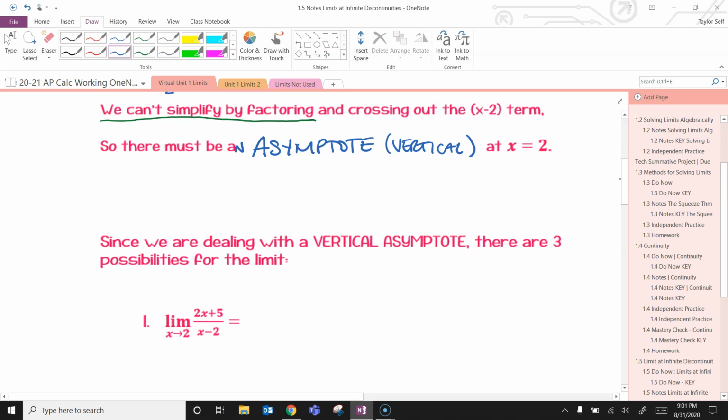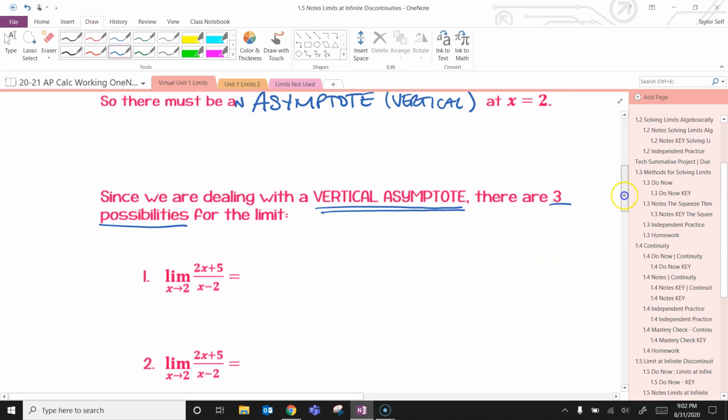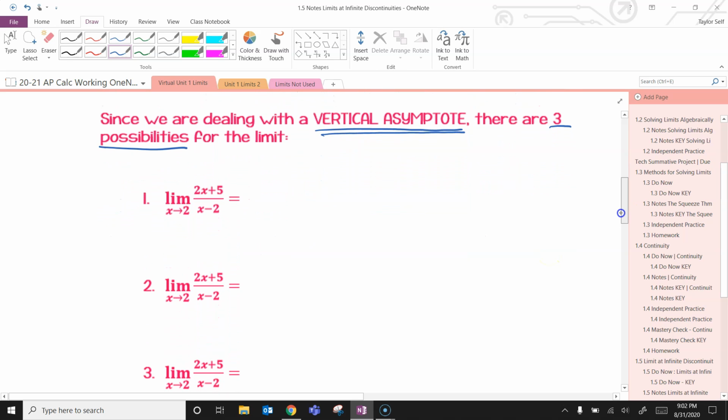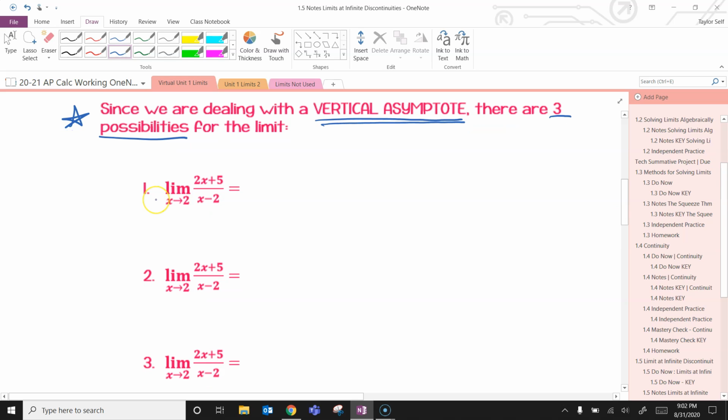Okay, so since we are dealing with a vertical asymptote, there are 3 possibilities for the limit. You need to write down, with vertical asymptotes, there will always be 3 possibilities. Write these possibilities down. You could just write this sentence and then write 1, 2, 3. You don't have to write like limit equals every time. Okay, here's our 3 possibilities.